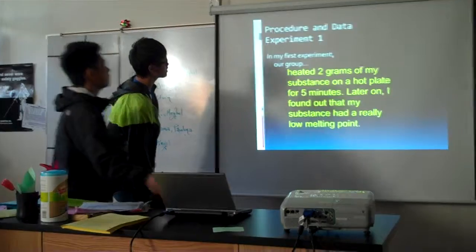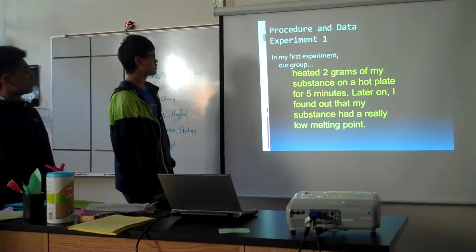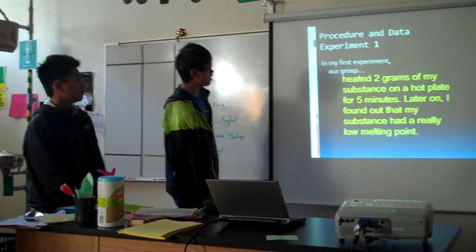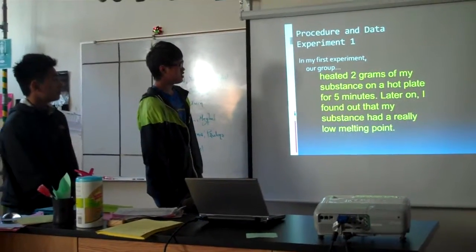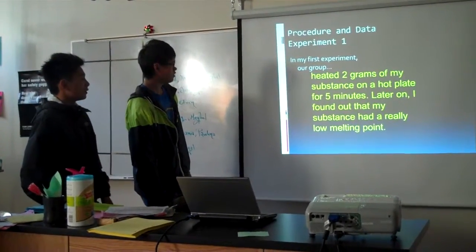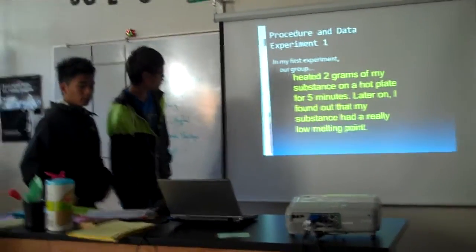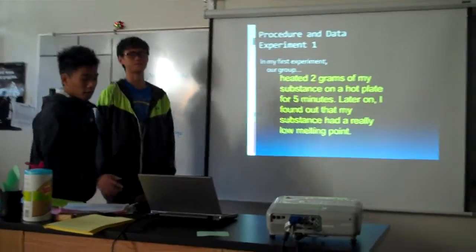In my first experiment, our group heated 2 grams of my substance on a hot plate for 5 minutes. Later on, I found out that my substance had a really low melting point.